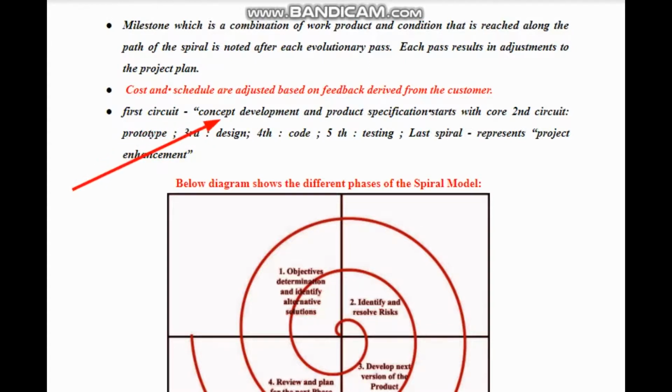The first circuit is all about what? Development and specification. The second circuit is about prototyping. The third is about designing. The fourth represents the coding. The fifth represents the testing, and the last spiral represents the project enhancement.